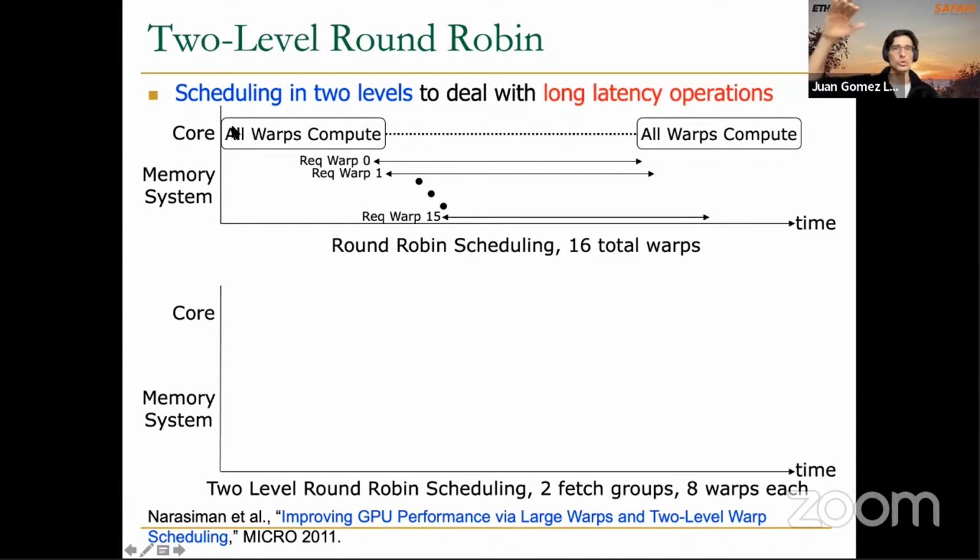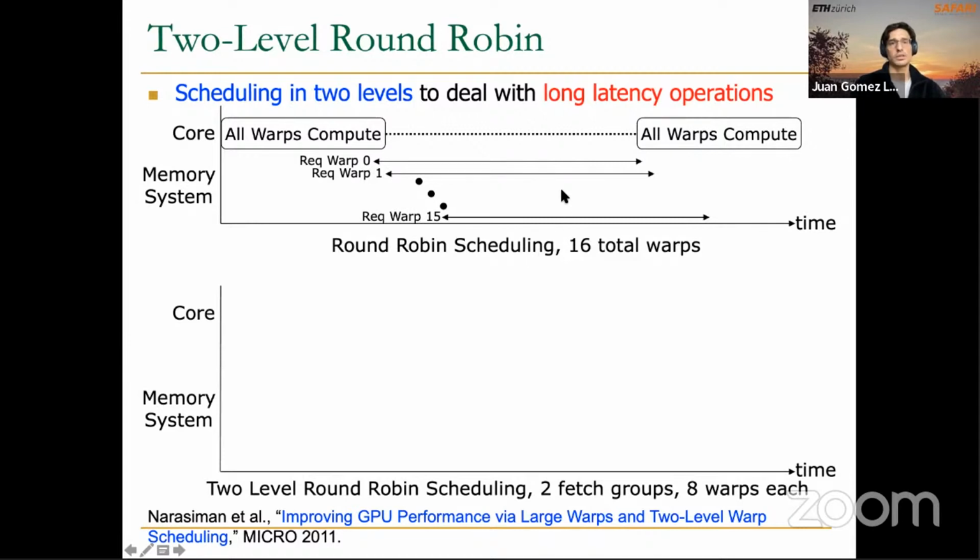Remember, the load, add, mul, store code, simple code. There will be parts of the computation where all threads are computing, right? Like, for example, they all are in the add instruction, they all are in the mul instruction, but at some point, all of them will have to execute a load or execute a store. And the problem is that these accesses will start at different times, but at some point, they all will overlap.